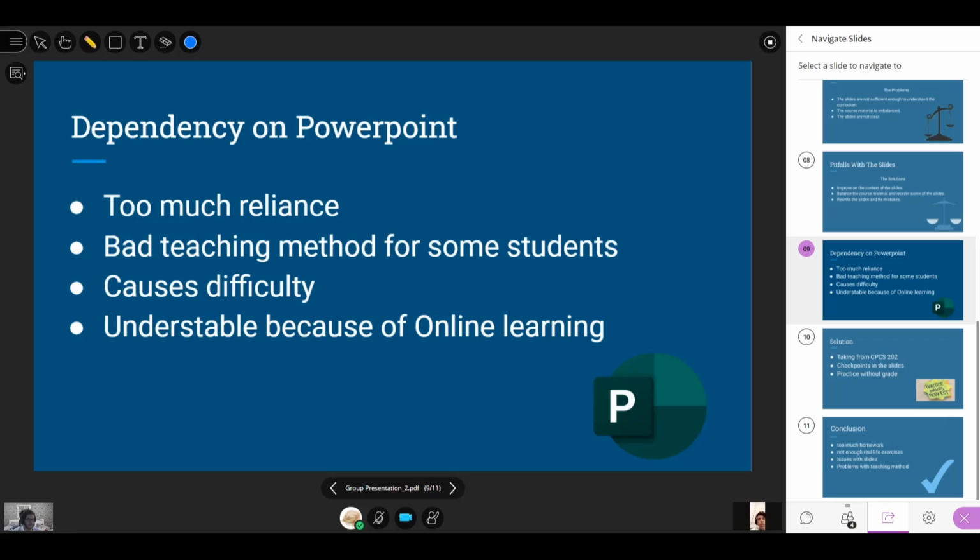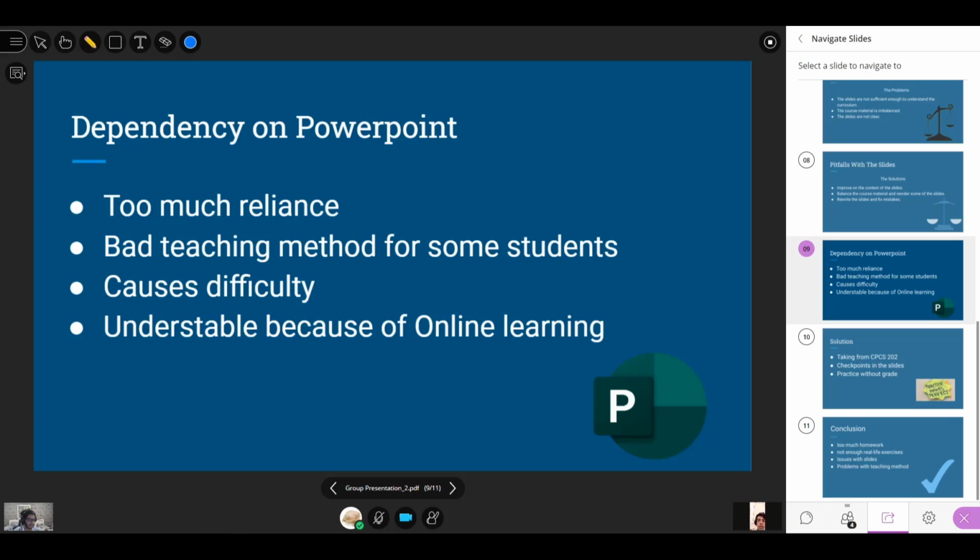The professors in CPIT rely too much on the PowerPoint slides. The teaching method they use is where they just read off the slides and then the students take down notes. It would work for some students that prefer that method, but it's a bad teaching method for others.